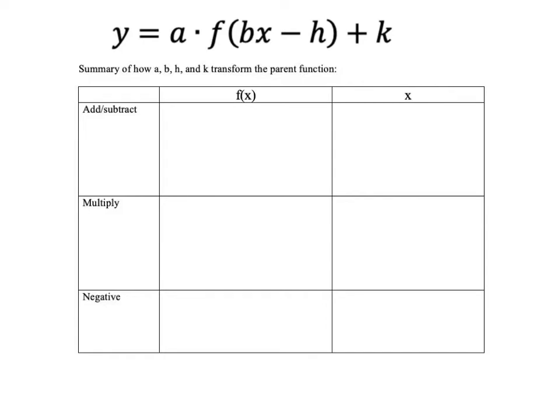So hopefully you've completed your Desmos exploration to see the effects of these different letters. But if we have, let's look at what happens with addition and subtraction. If it's added onto your y value, that's going to be k. All right, so I'm going to put a k here, and that's going to translate or shift up or down k units.